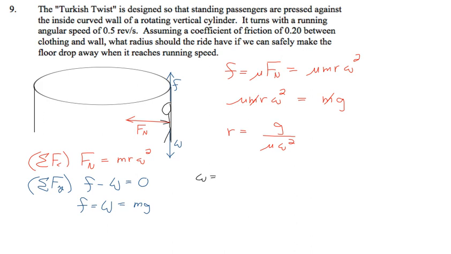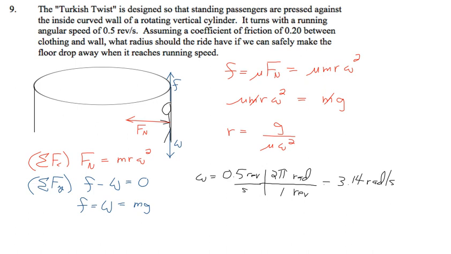So I'm going to take 0.5 revs per second, and I can do that in one step. I'm going to go from revs to radians. 1 rev is 2 pi radians. So basically that's pi radians per second, because half of 2 is 1. So I'm going to write that as 3.14, which is pi, radians per second.